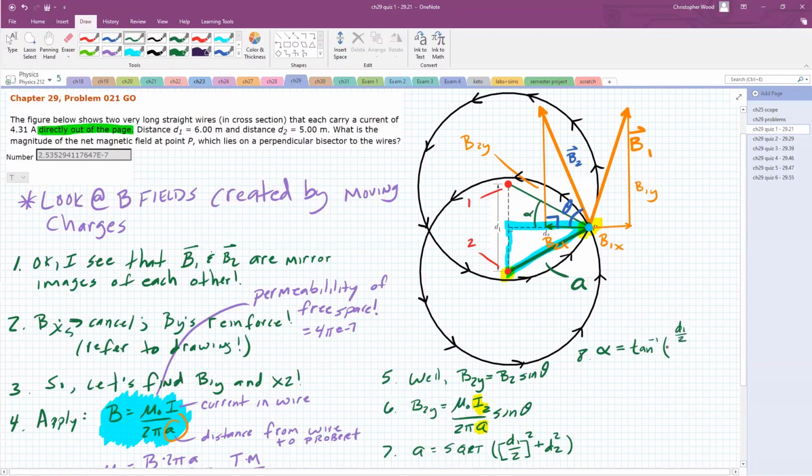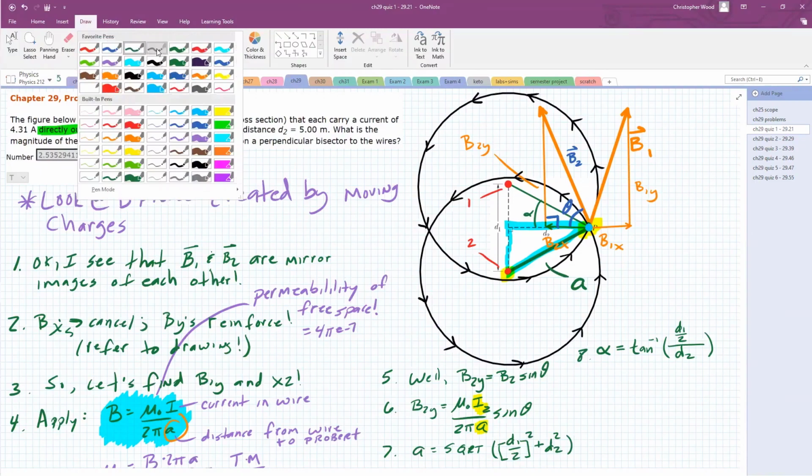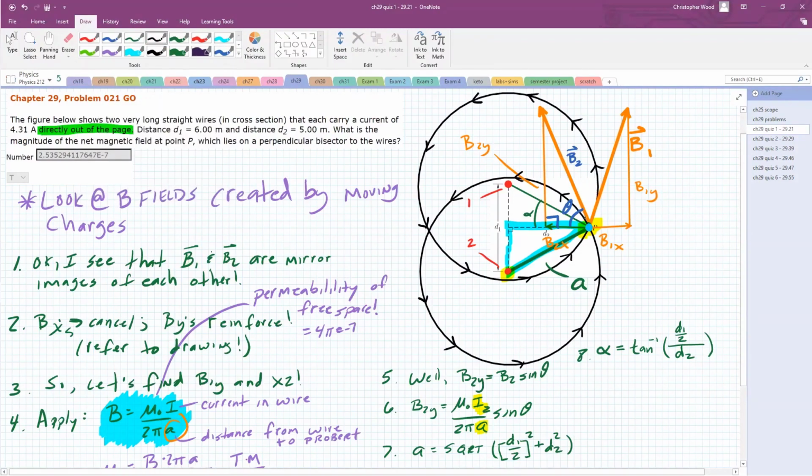So side opposite is D1 over 2, side adjacent is D2. I don't know what theta is, but I do know what alpha is. I'll leave the rest to you, because I know this is a right angle right here. That's 90 degrees. So you're going to be in good shape.